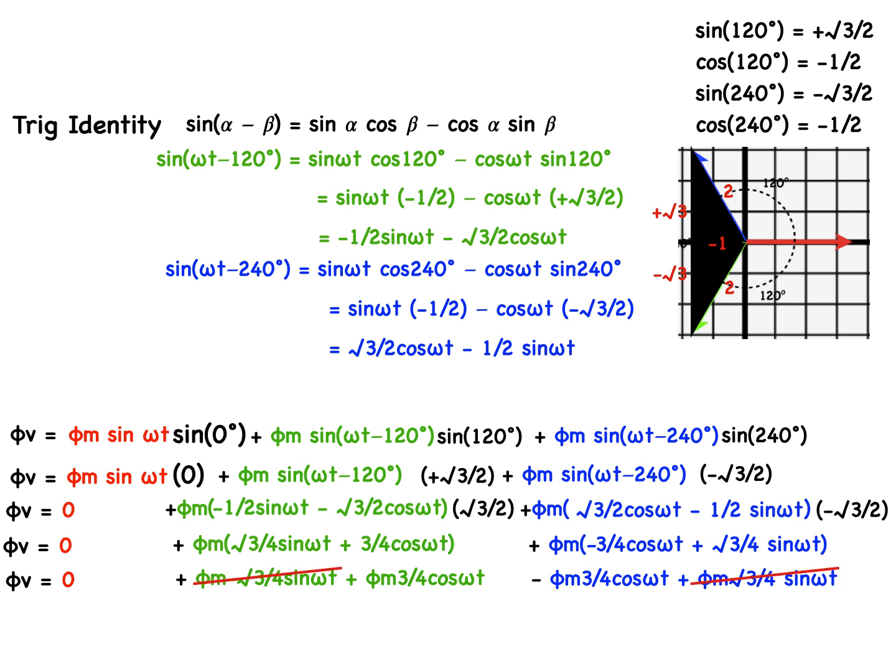Plus phi m root 3 over 4 cos omega t negates with minus phi m root 3 all over 4 cos omega t, and plus phi m 3/4 cos omega t negates minus phi m 3 over 4 cos omega t, which means all of our calculations basically tell us that the vertical component of our resultant vector is 0.